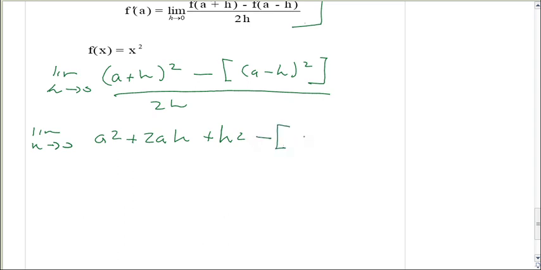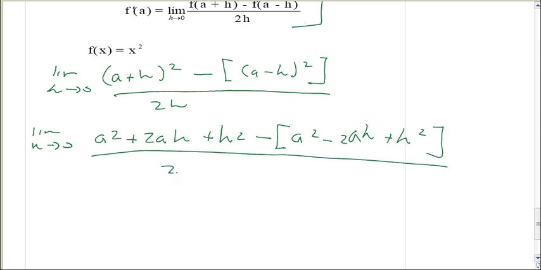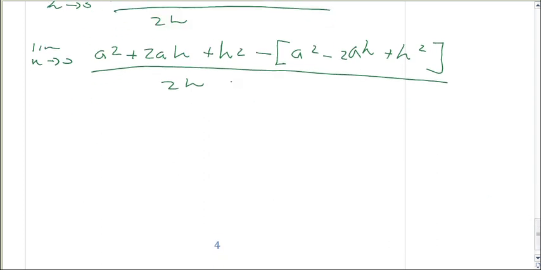Minus, and then if I expand this one, I get a squared minus 2ah plus h squared all over 2h. I know it looks like a big mess, but trust me, it won't be too bad. Okay, let me grab another color to switch it up a little bit. If I distribute the negative here, I end up getting negative a squared plus 2ah minus h squared.